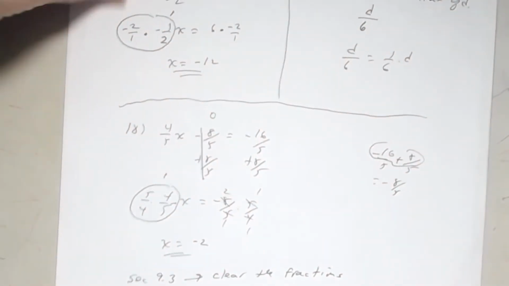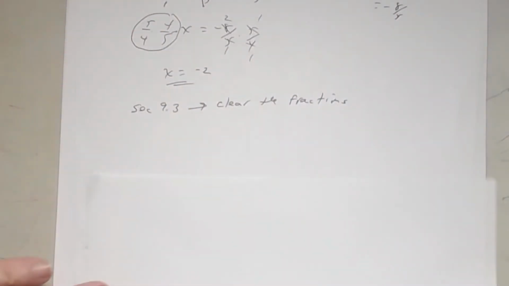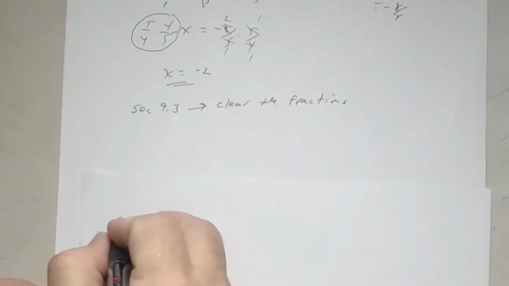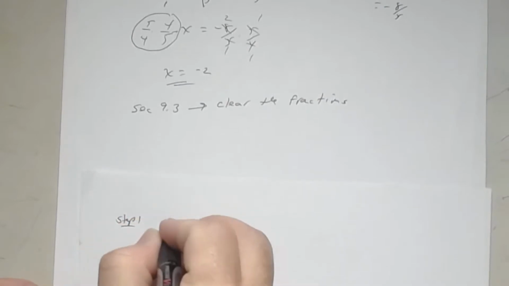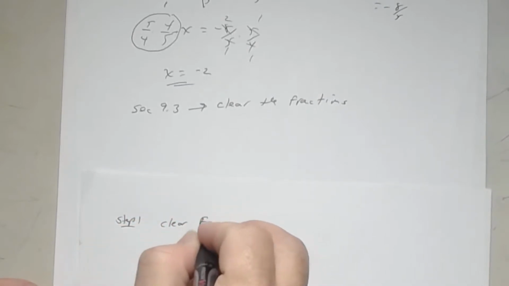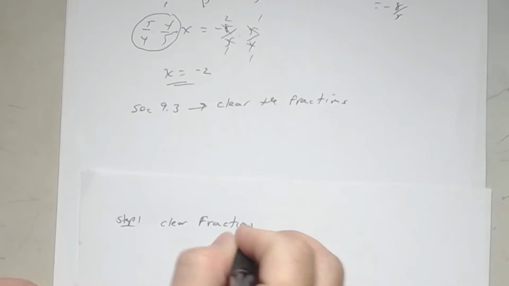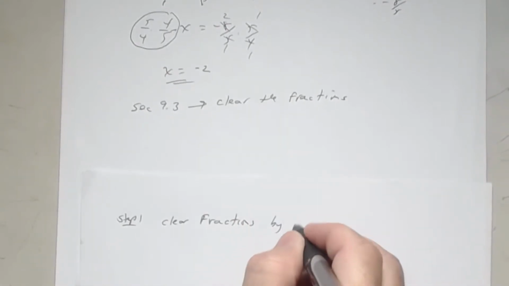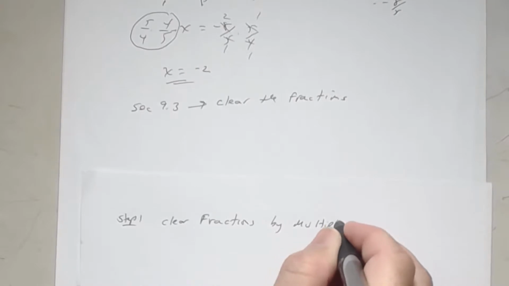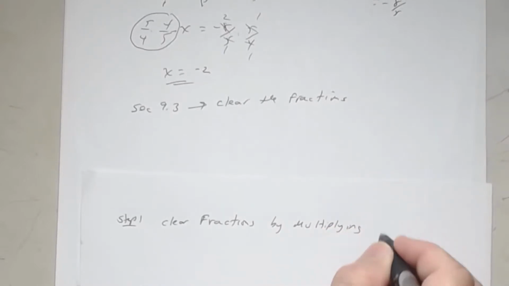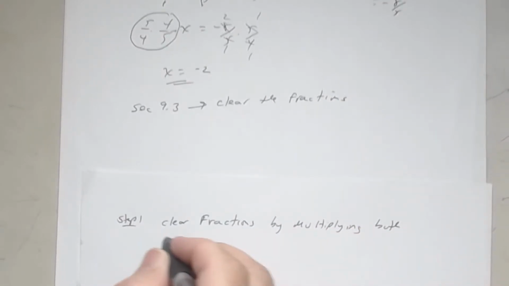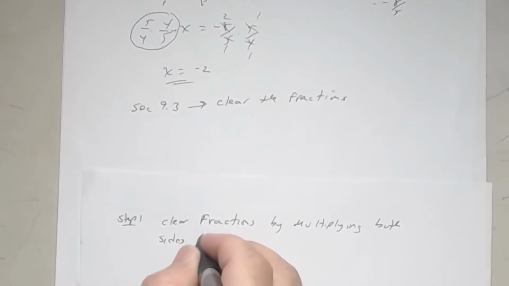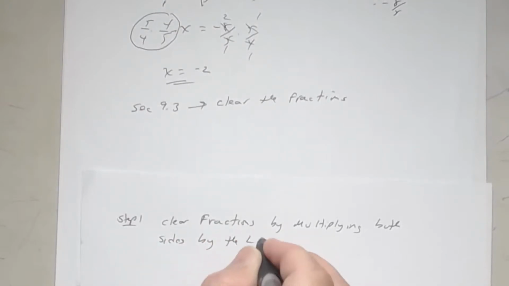So step 1 would be clear fractions. And you're going to do that by multiplying both sides by the LCD.